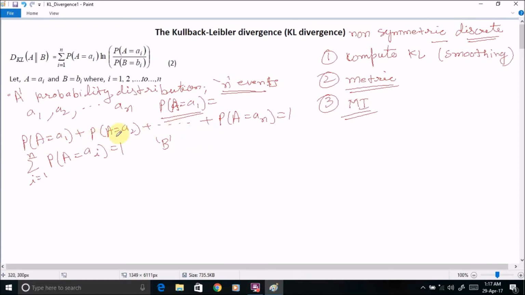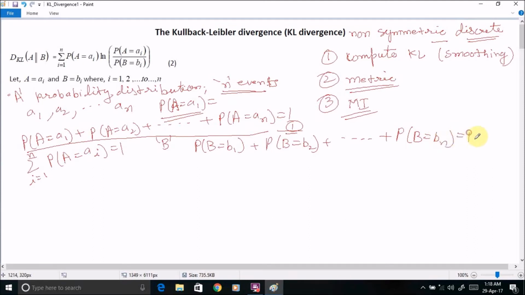Now suppose B is another probability distribution with the same n number of events, and it also satisfies the same feature. Then we can calculate the KL-divergence between two probability distributions, or the difference between them, by using the KL-divergence formula like this.